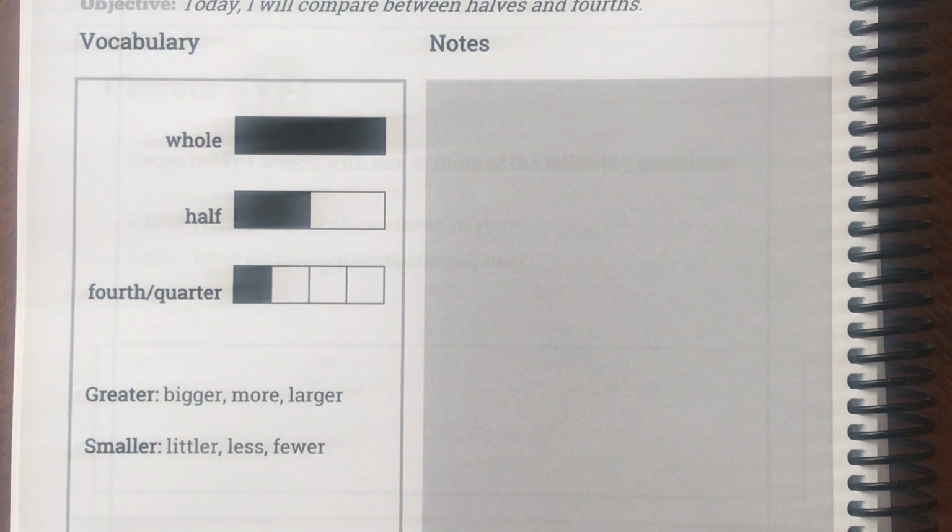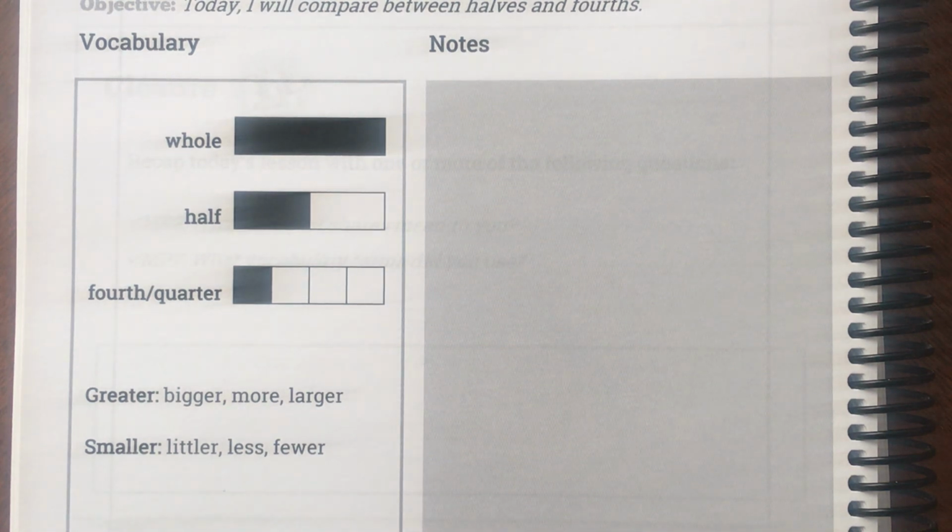So we're going to be using these words: greater, which means bigger, more, and larger, they're all synonyms, which are words that all have the same meaning. Or we're going to be using the words smaller, littler, less, and fewer. So this is our vocabulary that we can use when we compare.